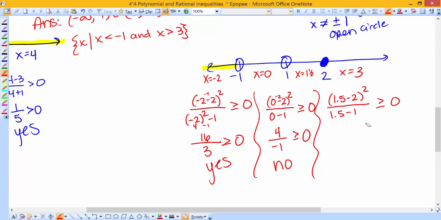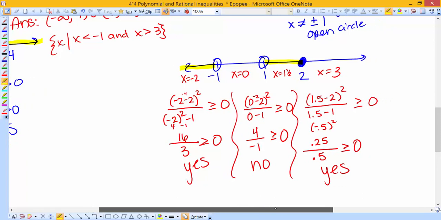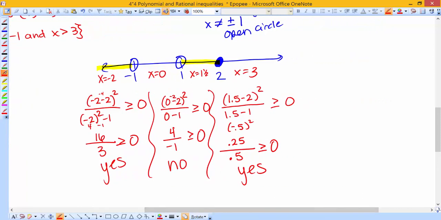But 1.5 minus 2 is -0.5, and when you square that, you get 1/4, so 0.25 over 1.5 minus 1, which is 0.5. Is that greater than or equal to 0? Yes. As soon as I see that I don't have any negatives left, I know for certain that that is greater than 0.